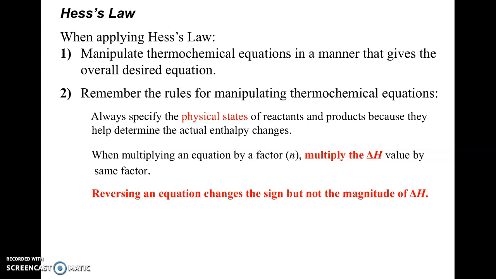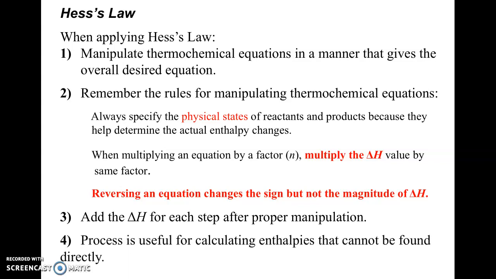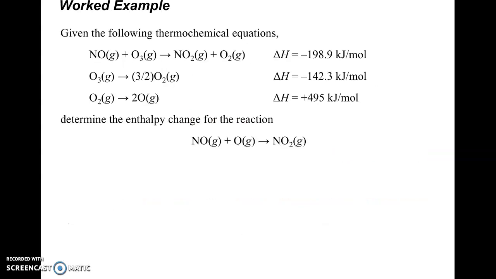If you have to multiply a reaction by a factor, you've got to multiply the delta H, and we're going to do an example in a minute where you'll see this. If you have to reverse a reaction, if you have to turn it around, you can do that. You just have to change the sign on the delta H. Then you add up all the delta H's for each step, and you have found the overall reaction enthalpy. And we generally use this when we can't actually run the reaction.